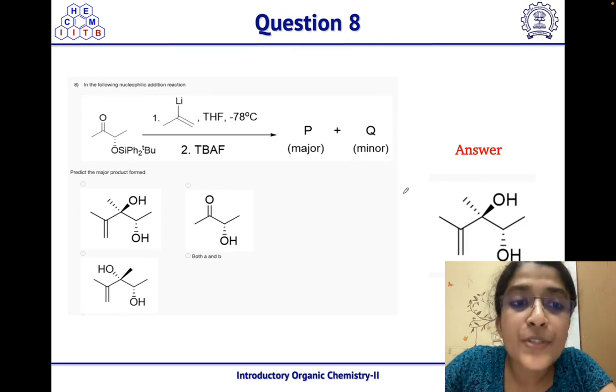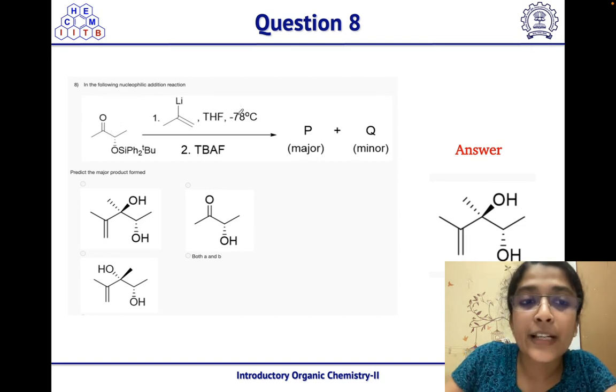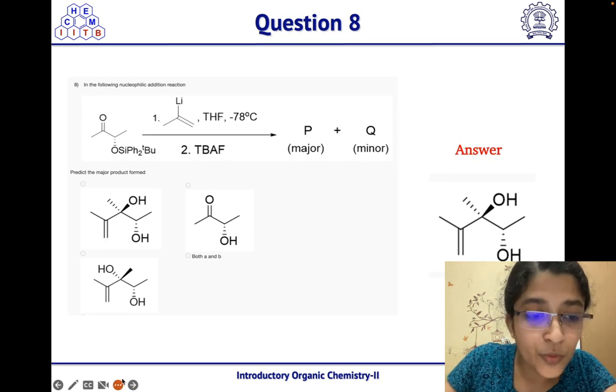This also we can draw similar to that of the Felkin-Anh model. I will try to solve it now.